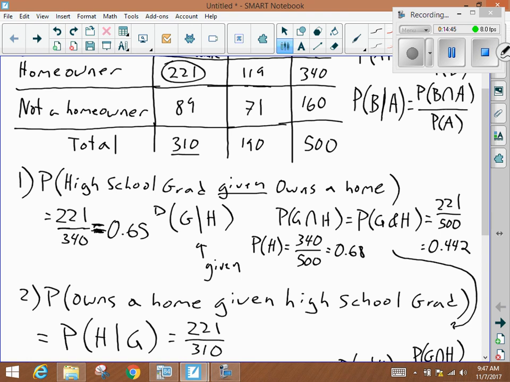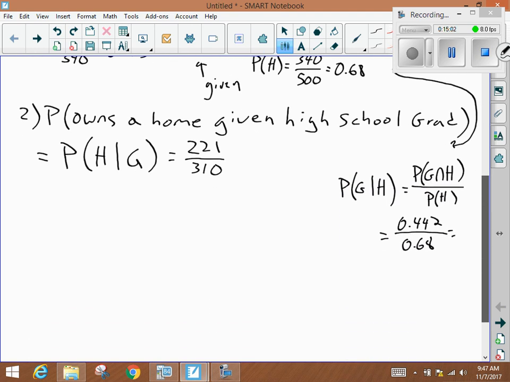Probability that you're a high school grad given you own a home. So we're only looking at owning homes, which means that this right here is our sample space. And it turns out that when you calculate this, you get 0.65.